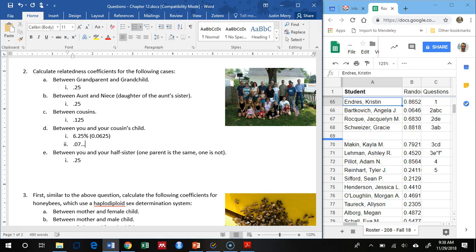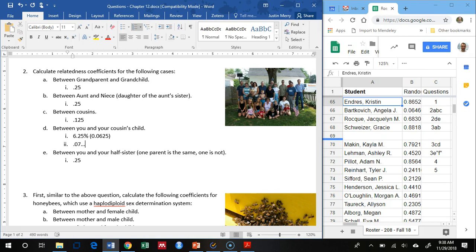For each step, we have to do a 0.5 relationship. So we've got 0.5, and we just multiply these, times 0.5 to get over to your aunt, times 0.5 to get to your cousin, times 0.5 to get to your cousin's kid. So let's do that again. It's 0.5 times 0.5. That would give you 0.25 to get to your aunt, times another 0.5 to get to your cousin, times another 0.5 to get to your cousin's kid.